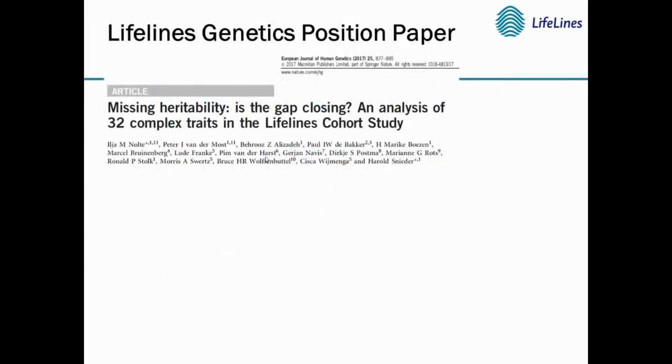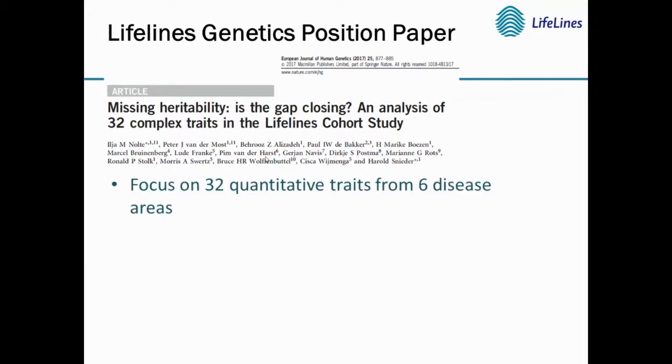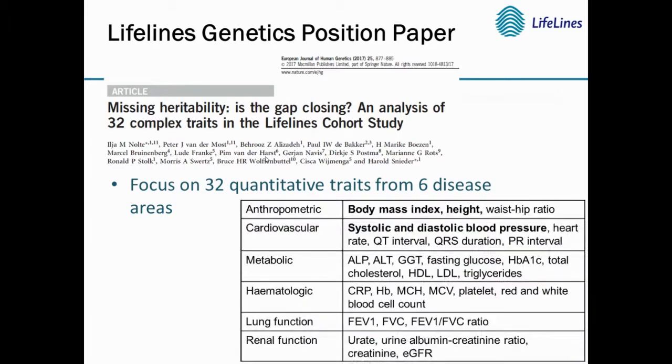Again, Ilya and Peter and our group were heavily involved in this, together with the other main PIs of the UMCG involved in genetic studies at that time. And this led to a nice paper in the European Journal of Human Genetics, really a showcase paper focusing on all the quantitative traits that we had measured and available in LifeLines from 6 disease areas.